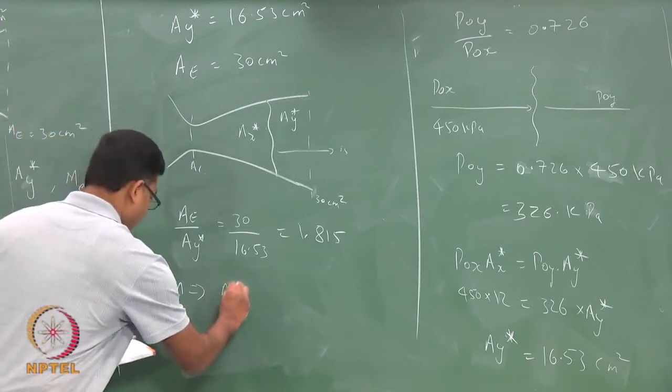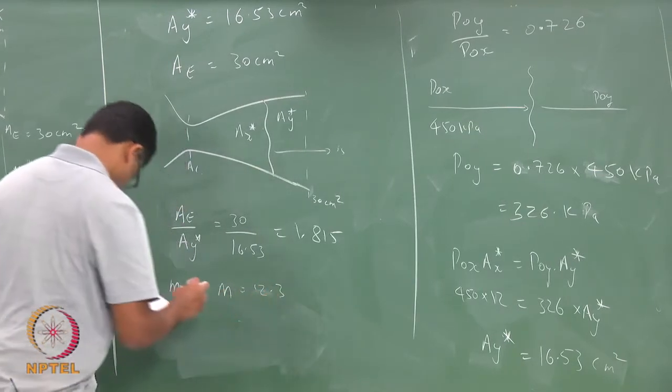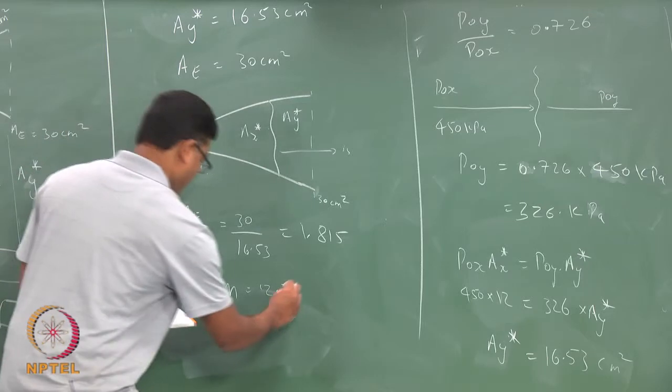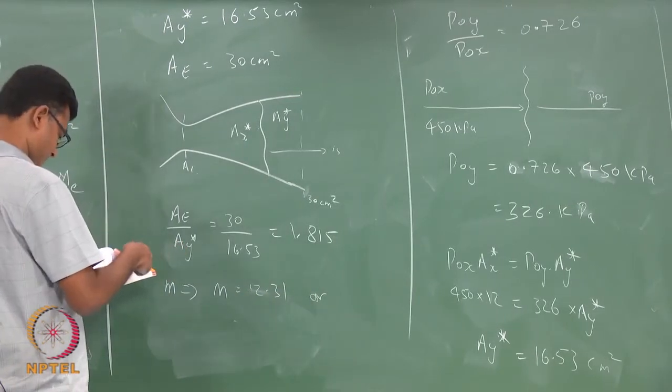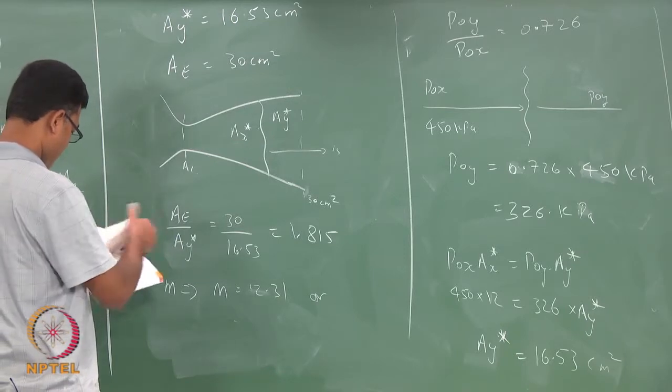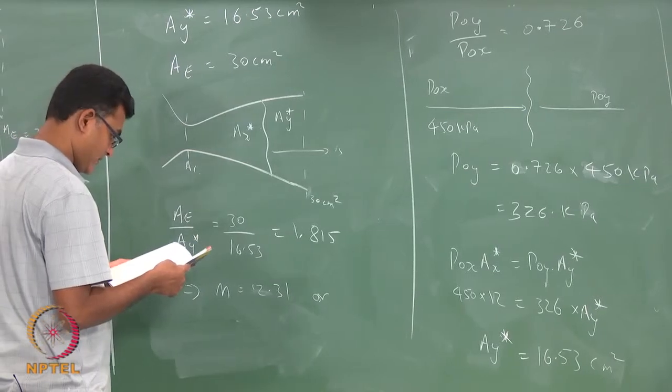1 m is approximately 2.31 or, no, I have looked at the wrong table.